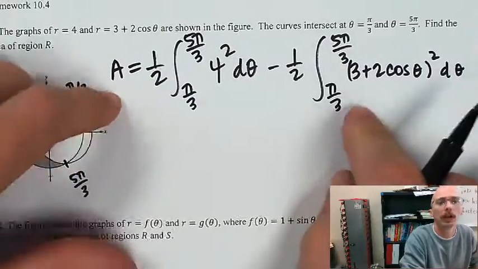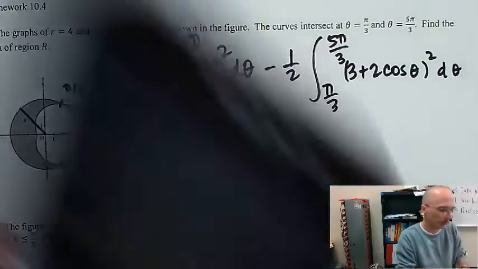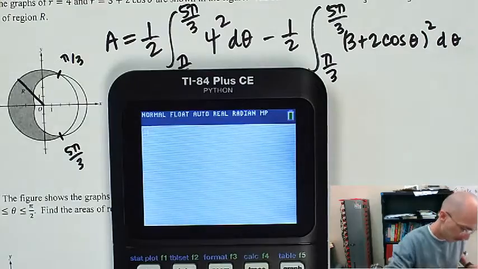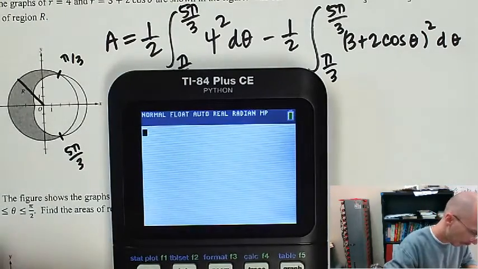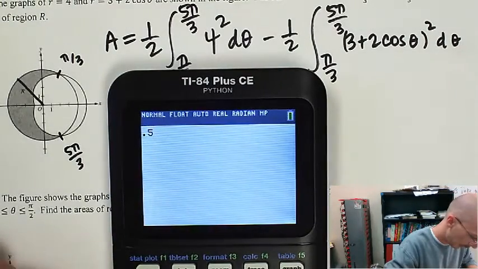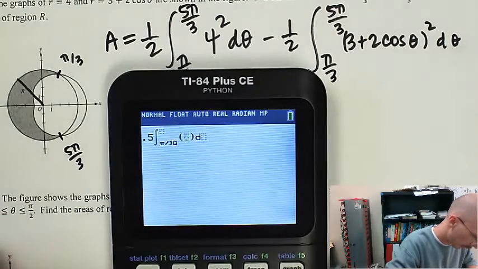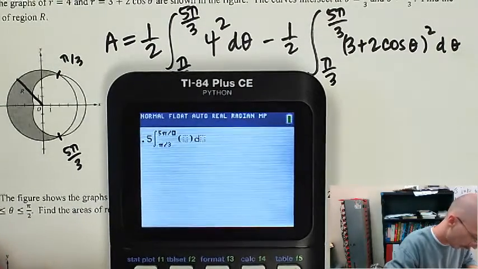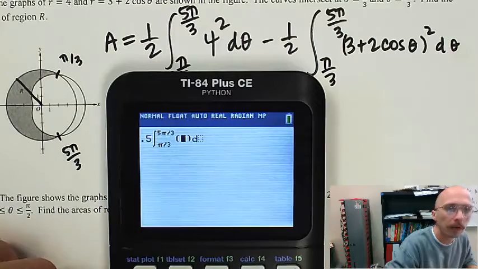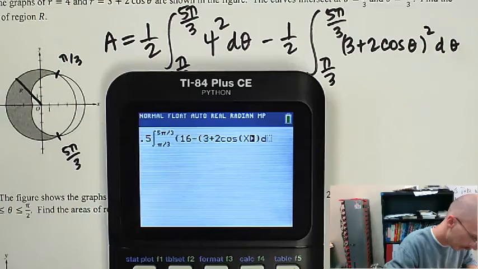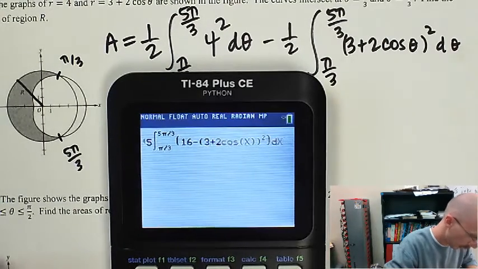Now we know that we can combine these two into this integral that I'm going to type into the calculator, so there's less typing. So it's going to be 1/2 of the integral from pi over 3 to 5 pi over 3 of 16, which is 4 squared, minus this thing squared, 3 plus 2 cosine theta. Close that off, square it.